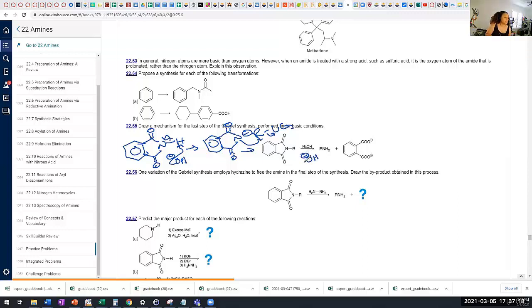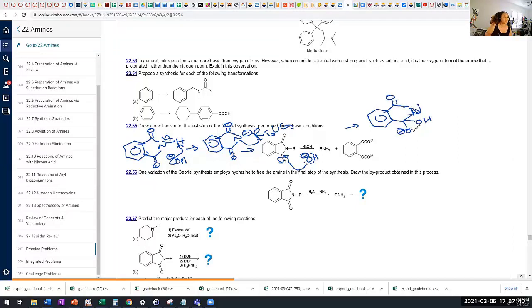So this goes back to our previous chapter. This would attack here and open this pi bond up, making our alkoxide with our oxygen on there and our nitrogen here.